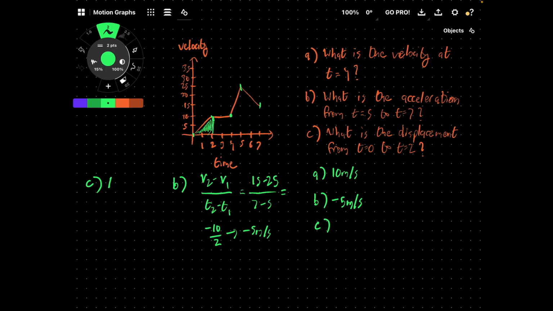Now the area of a right triangle is 1/2 times the base times the height. So that's equal to 1/2 multiplied by 10 multiplied by 2, and that is equal to 10. So the displacement is 10 meters.